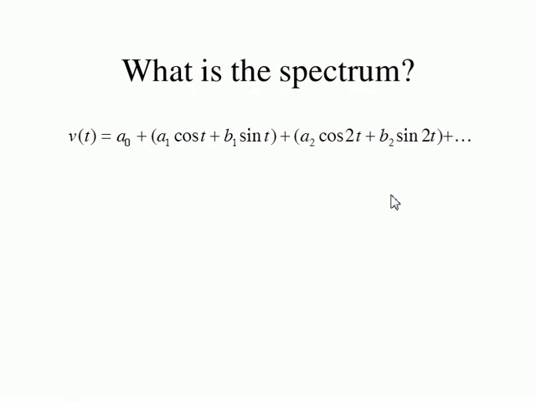And in destructive synthesis, what you do is you start with a complicated function and then you use filtering to remove some of those partials, to remove some of those sine waves and cosine waves. So two kinds of synthesis, constructive and destructive. There's the Weierstrass approximation theorem, which says using constructive synthesis and simple waveforms like sine and cosine, you can create an arbitrarily complex waveform with any precision you like.